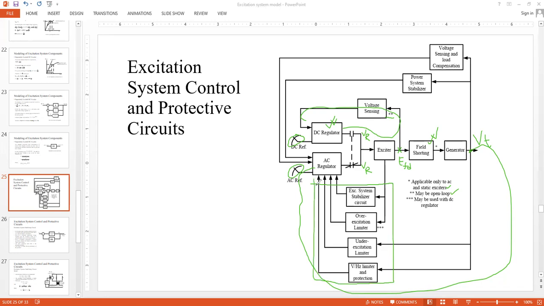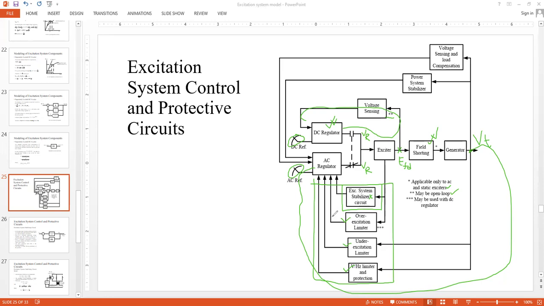Besides that, we also have an excitation system stabilizer circuit. Probably the detail of this we will take in the next lecture. So we'll leave it for the time being, and we take the remaining three: over excitation limiter, under excitation limiter, and volt per hertz limiter and protection.